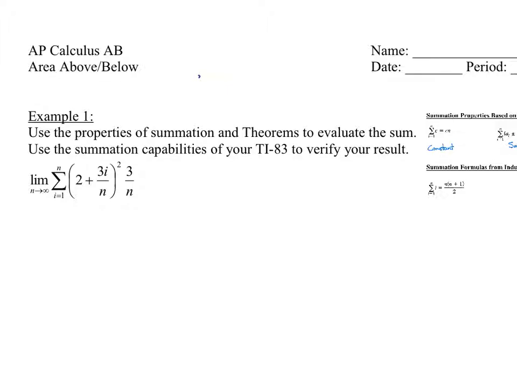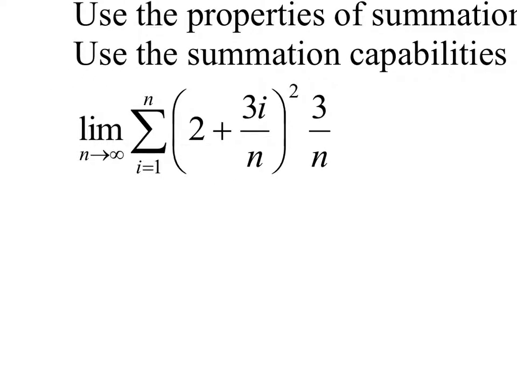Before, in the last example, we did n equals 10, and then 100, and then 1,000, 10,000. Here, we're going to do the limit as n approaches infinity. For the sake of writing, I'm not going to write limit as n approaches infinity on every single step. We're just going to acknowledge that that's what we're going to do at the end, and I'm going to simplify this sum first.